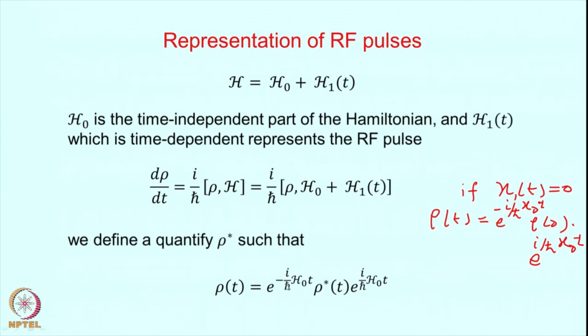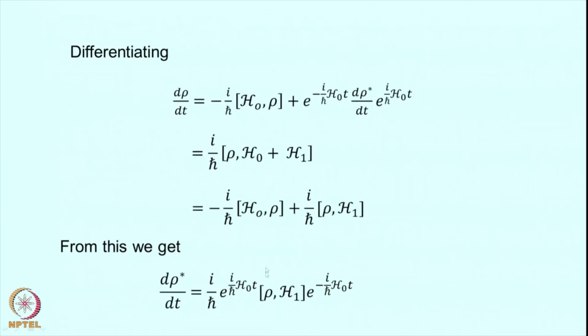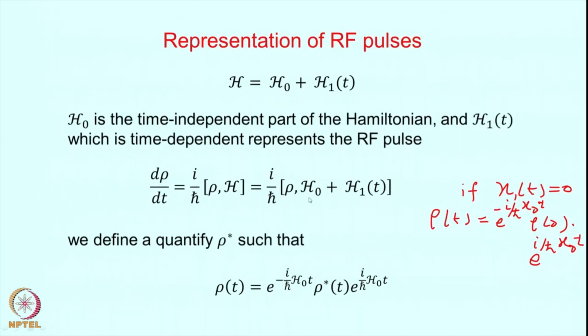We will see that very soon. Okay. So, now what I do, I substitute it there and do a little bit of mathematics here, do the algebra, differentiate this. dρ/dt is equal to minus i/ħ [H0, ρ].